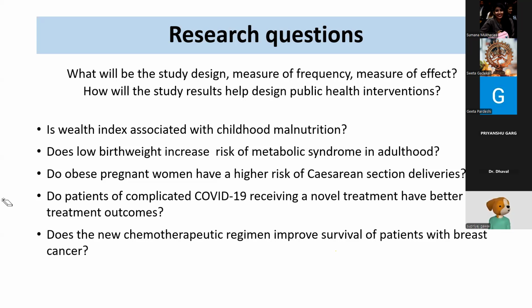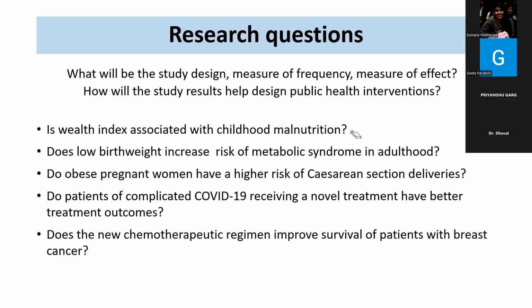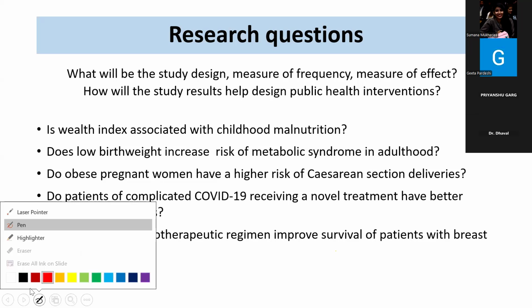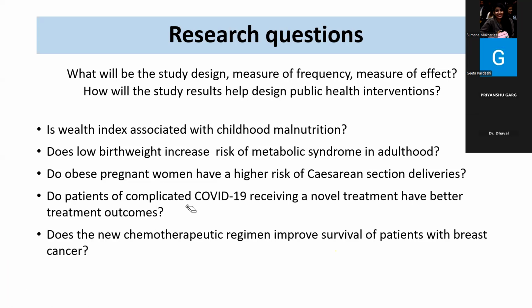Yes, ma'am. It might be a cross-sectional study. Yes, you are right. This will be a cross-sectional study, right? Now, why do you think a cross-sectional study is appropriate? Because we need to know about the childhood malnutrition, and the associated factor is the wealth index.